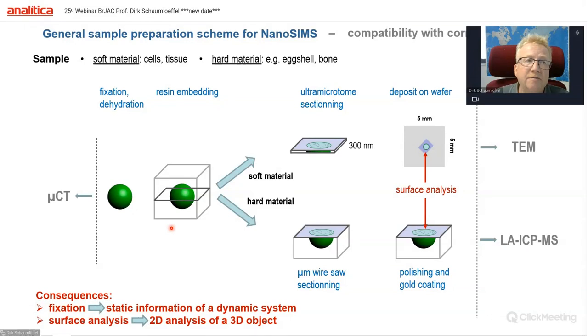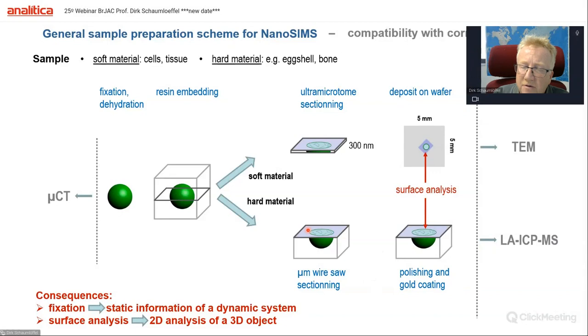Going out from this general preparation scheme, we can also do correlative imaging with other techniques. For example, this ultra microtome section is very well adapted also to do transmission electron microscopy after that. This is more or less the same sample preparation.